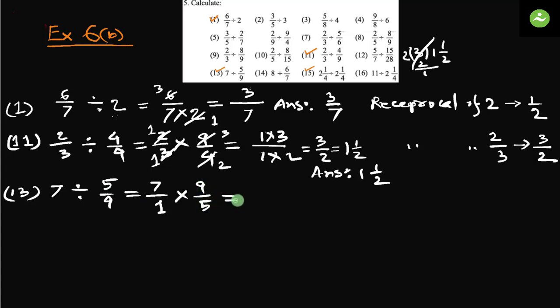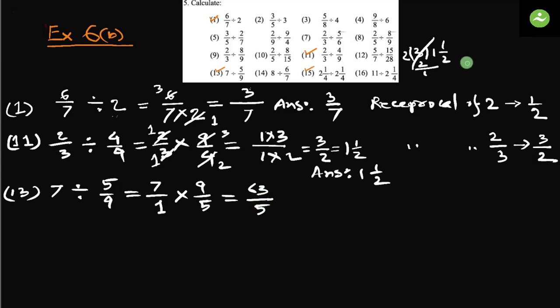Equals, can we reduce? No. No number divides any of the pairs. So 7 into 9 is 63 over 5. It is an improper fraction.